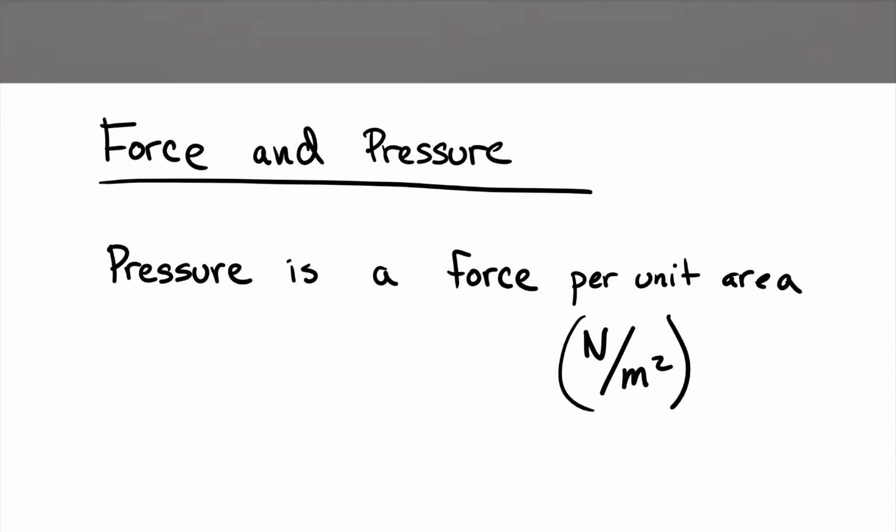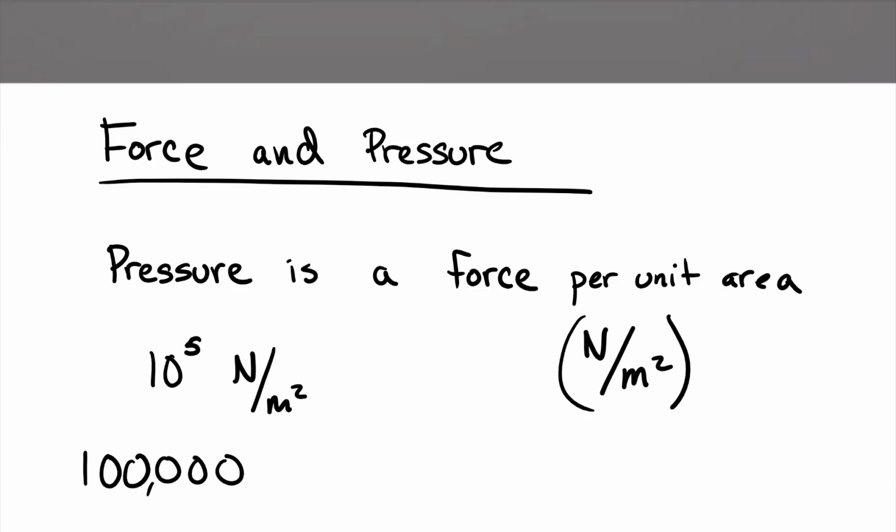There's atmospheric pressure. On the surface of Earth, it's approximately 10 to the 5th newtons per square meter. What's the fifth? 1, 2, 3, 4, 5. 100,000 newtons per square meter. Wow.